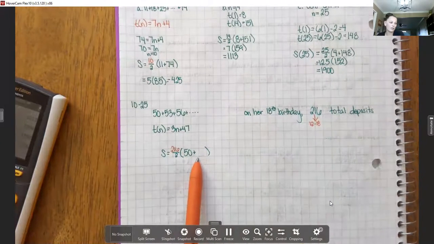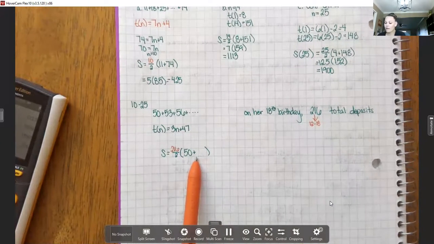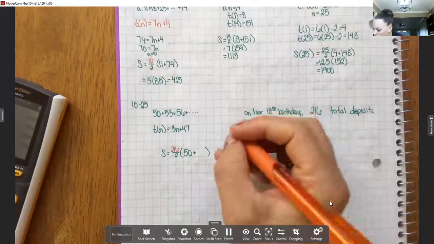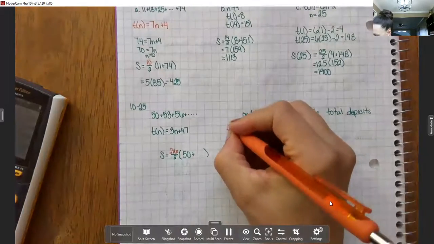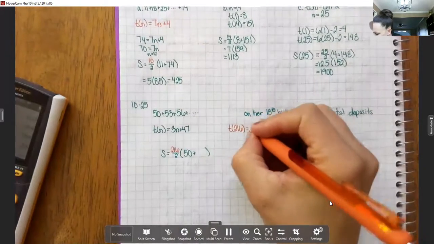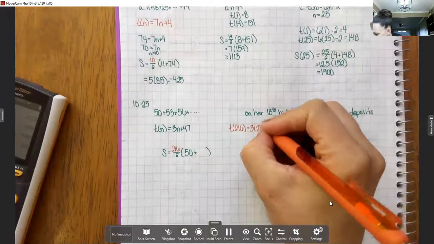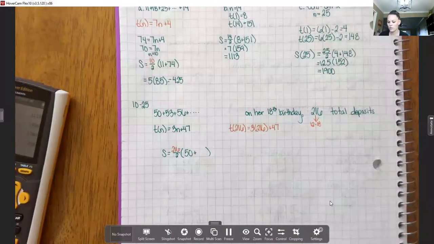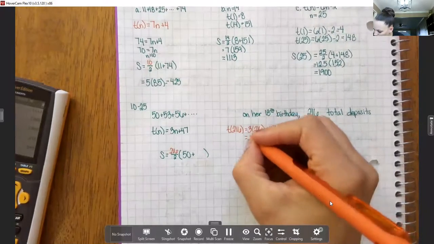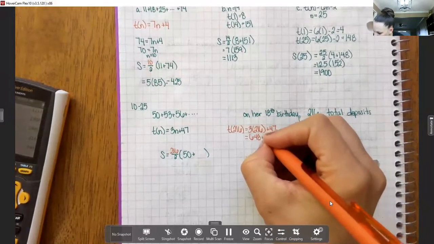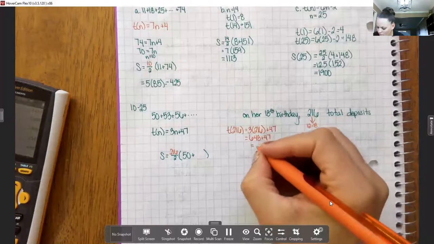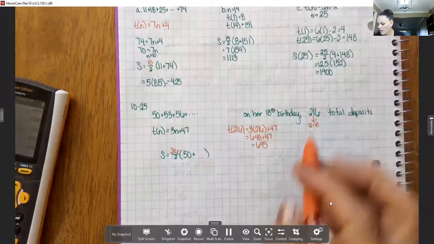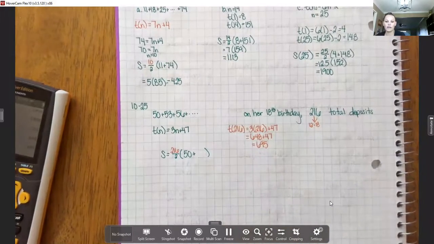We still don't know the last term, so we have to find that last term by plugging in 216. So 648 plus 47. So that last deposit is going to be $695.